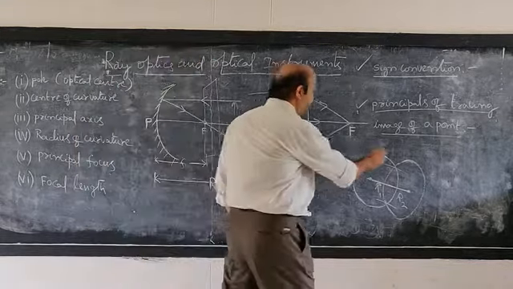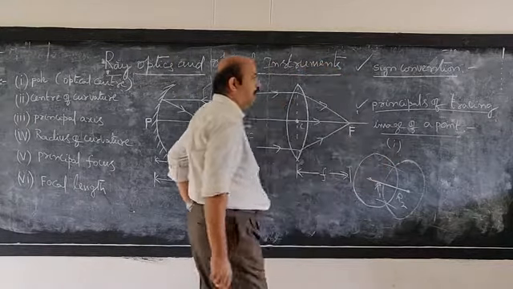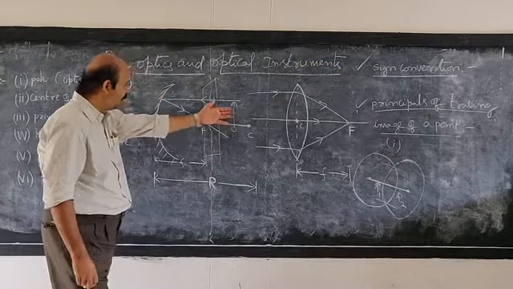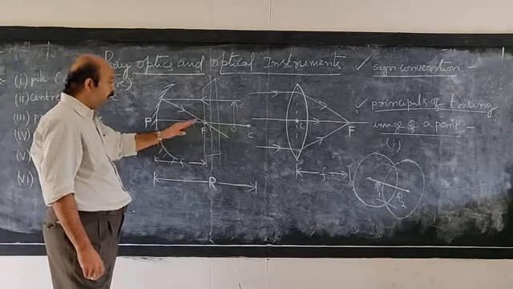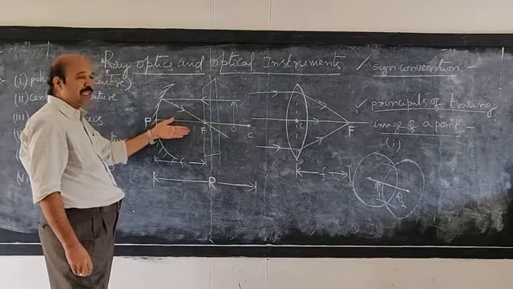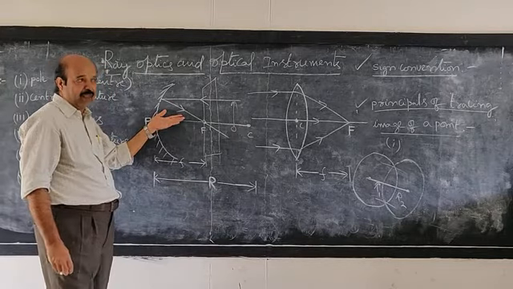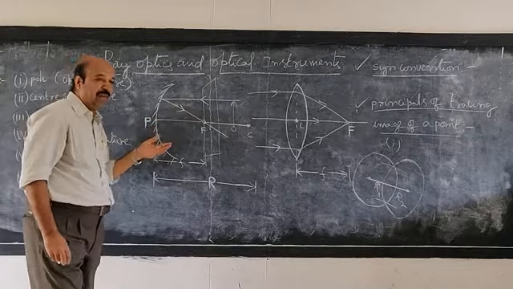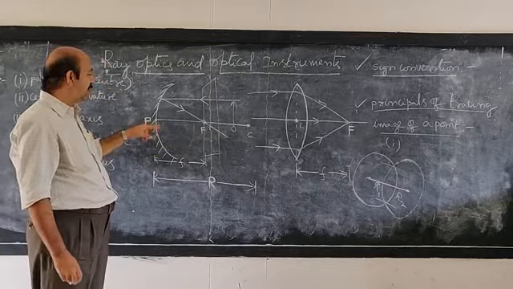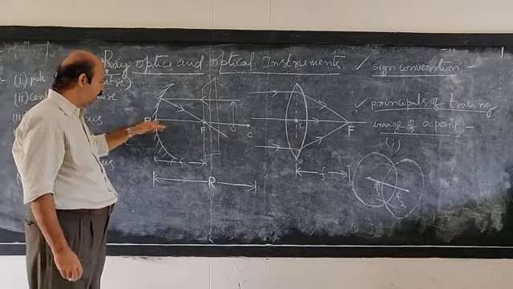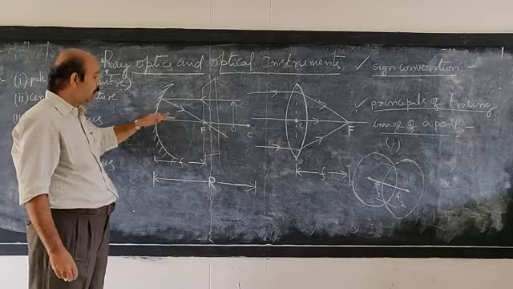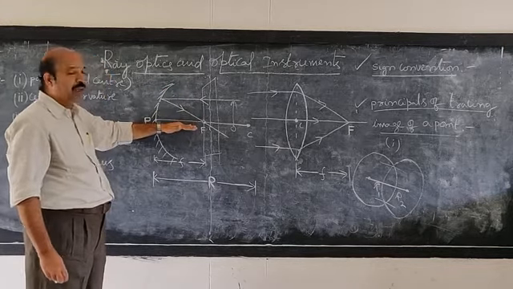One is, the rays which are coming parallel to the principal axis and which are very near to the axis are called paraxial rays. These paraxial rays make very small angle with respect to the axis. They make very small angle at the pole, or you can say they are very near to the axis.